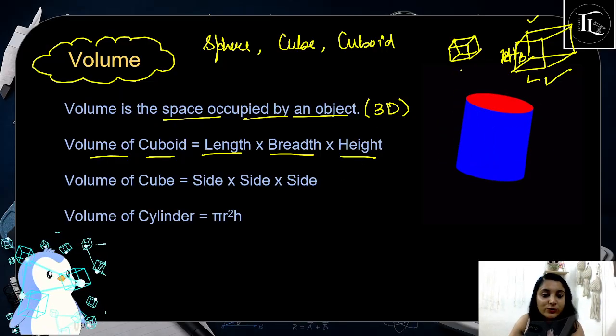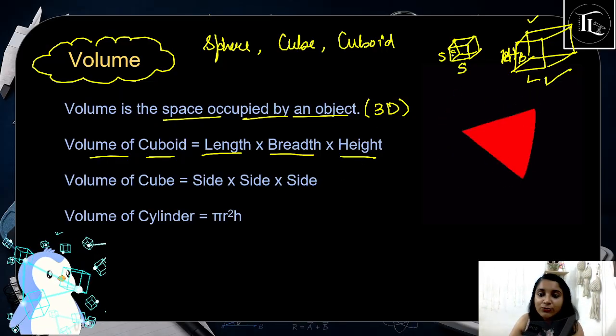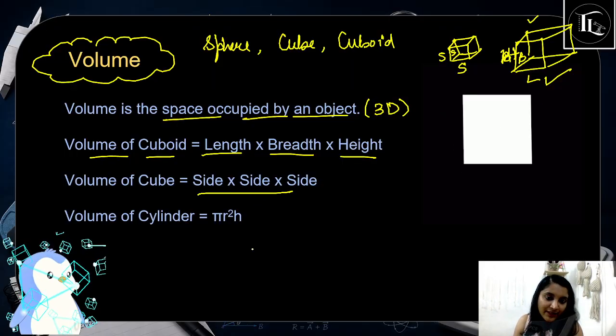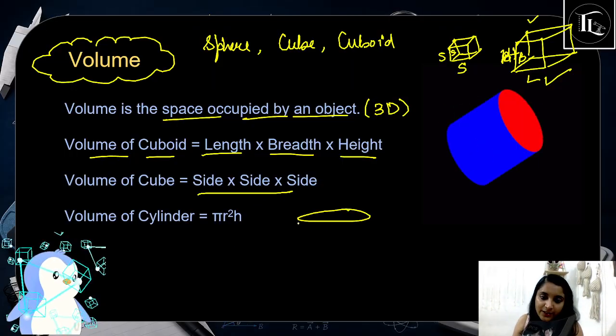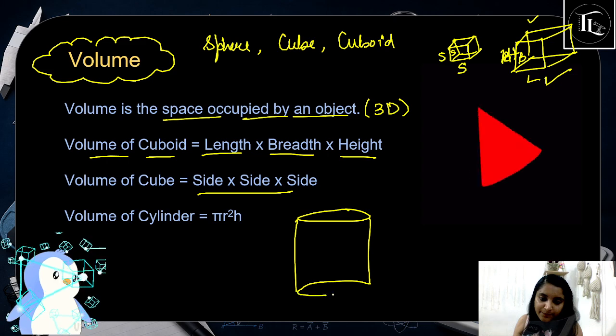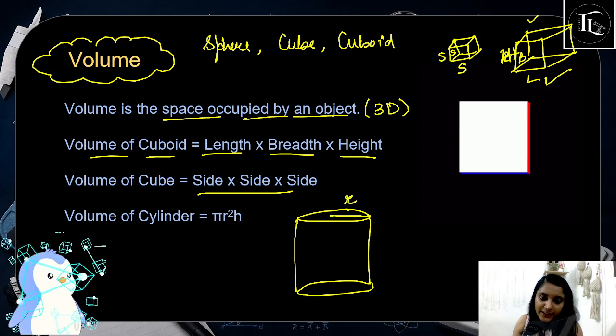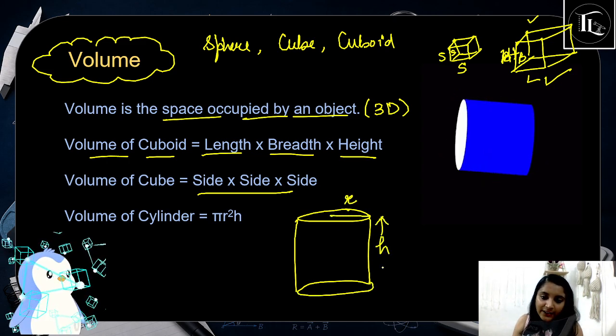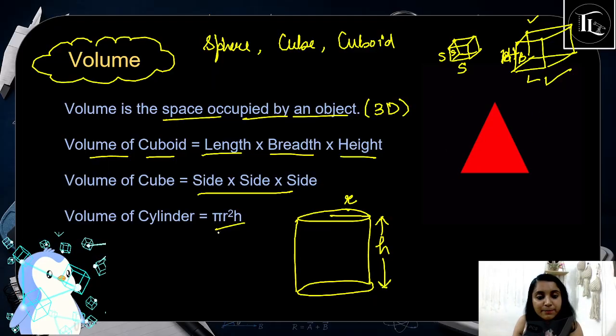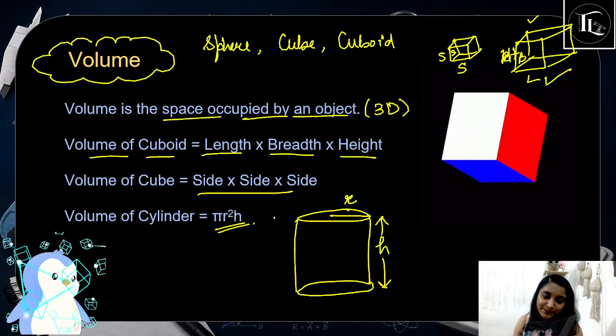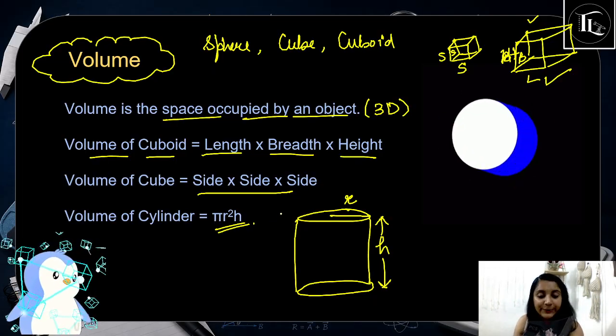And for a cube, it will be side into side into side. And for a cylinder, if this is the cylinder, this is the radius, and this is the height. So how will we calculate it? Pi r square h. I hope this is clear.